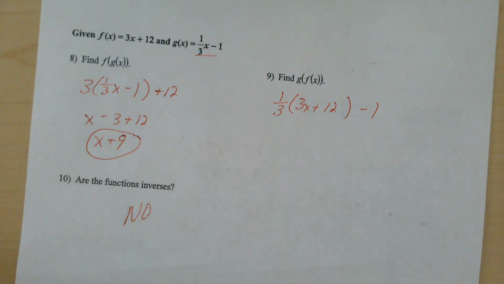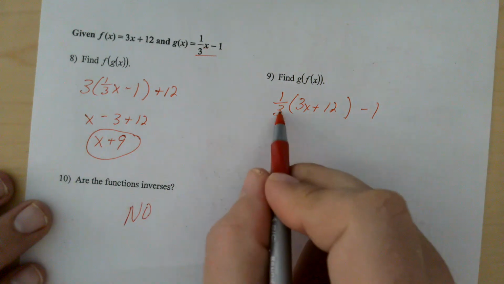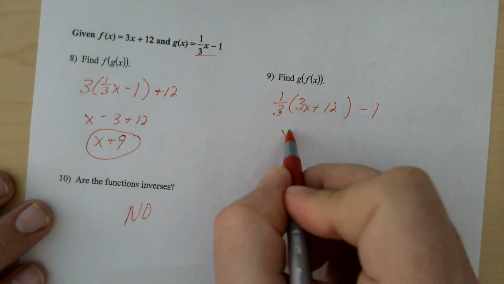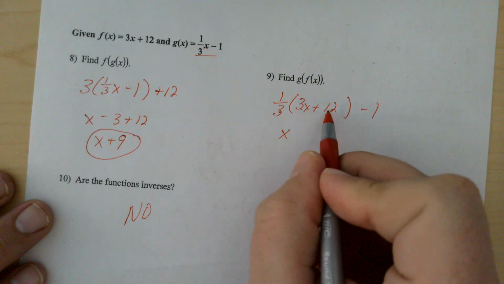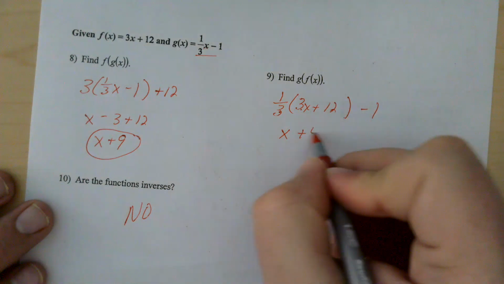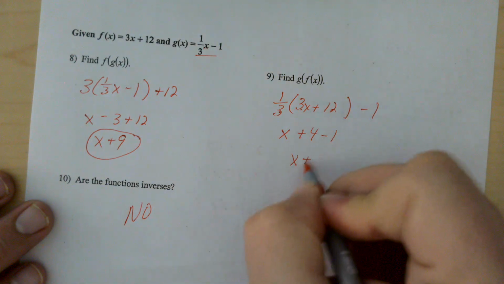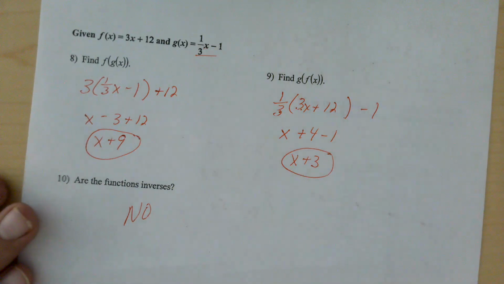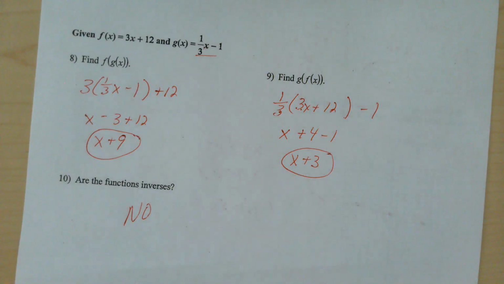So simplify means get rid of parentheses, combine like terms, and see what we're left with. So 1/3 times 3 is just an x. 1/3 times 12 is just going to be a 4. And I'm going to end up with x plus 3, which again is not an x. So since it wasn't an x, they're not inverses of each other.